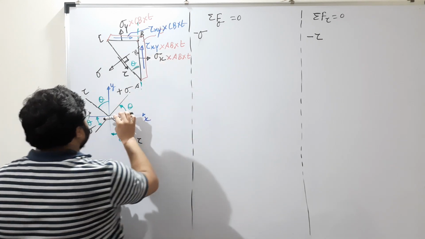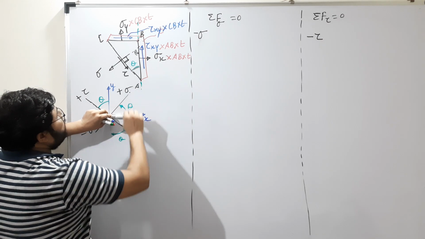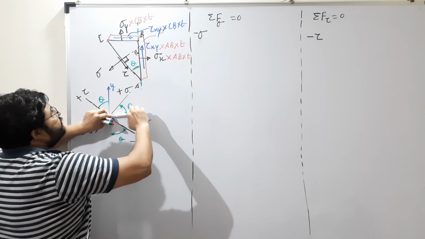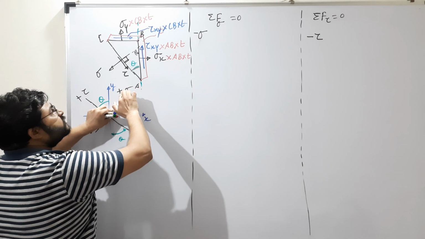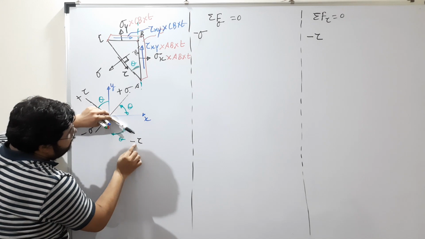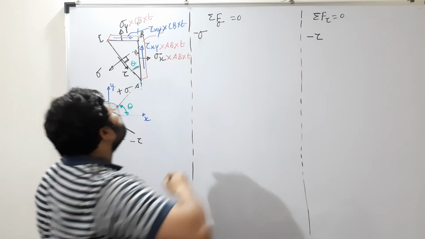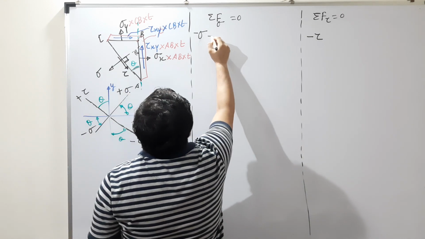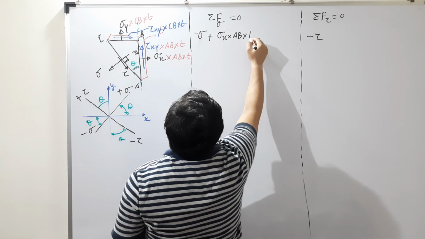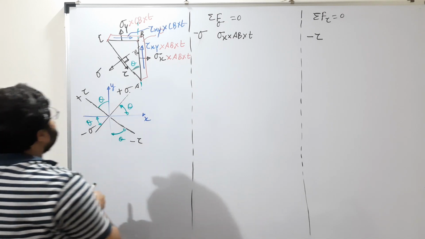If sigma axis in this direction, sigma axis you can compare with this direction. Now this sigma x, if you want to resolve sigma x AB into t, then you can resolve. So this direction will be the positive sigma axis, so it will be plus component and cos component. At the same time, this will be the negative component and sine component. So you will write immediately, sir, this is plus sigma x into AB into t, and obviously here also we need to multiply by the area. We have not multiplied.